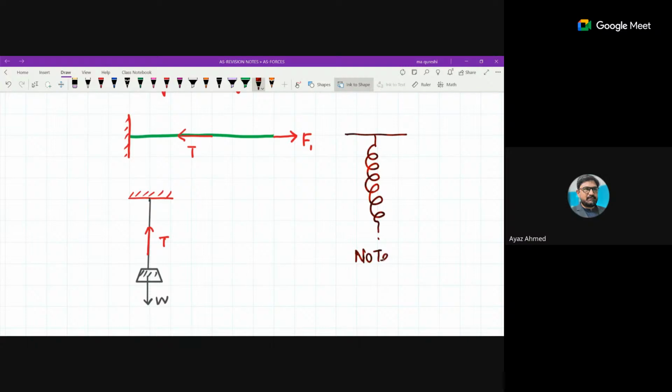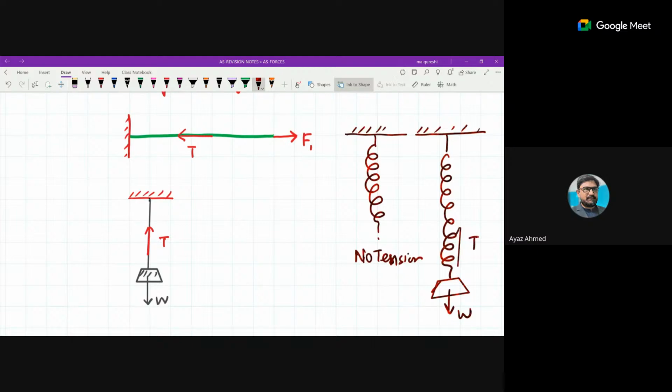But when you attach some load to it, it will be stretched, and when it is stretched, you will say that okay, now weight is attached, and then there is a tension in this spring, right? So this is actually the game of the weight.